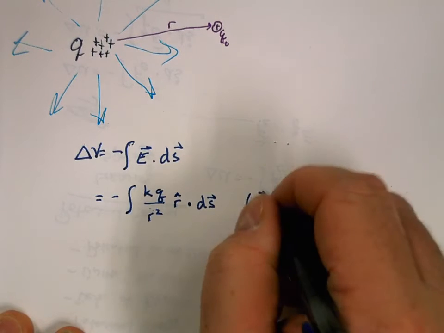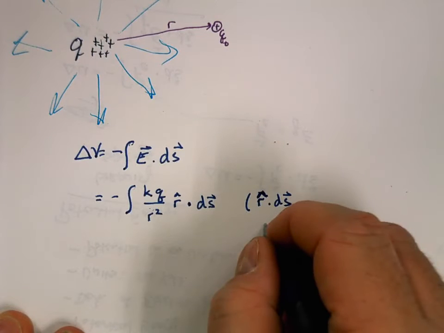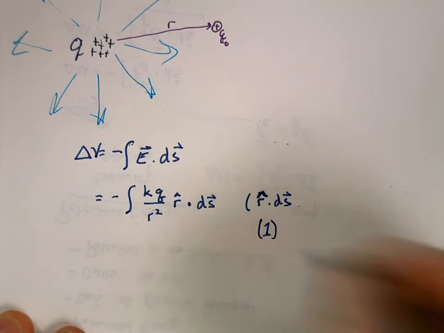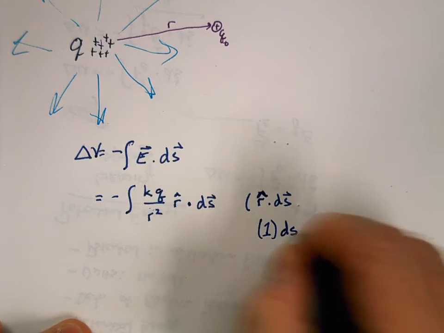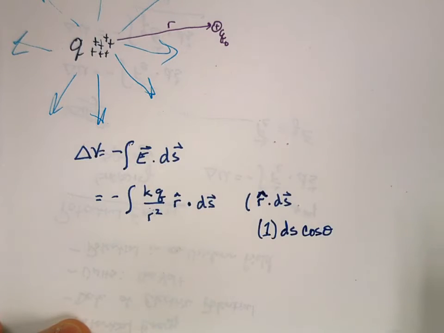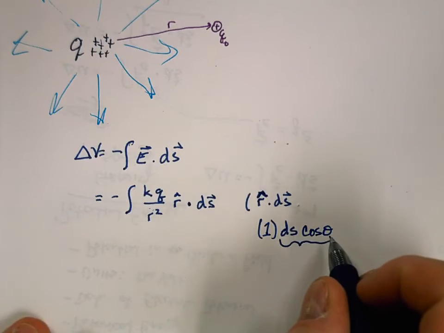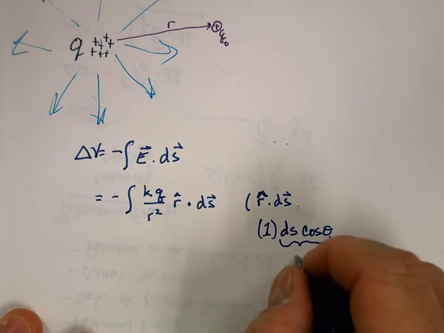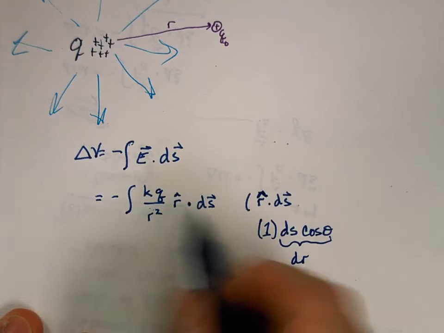The value of r hat is just 1, times ds cosine theta. But ds cosine theta just equals dr.